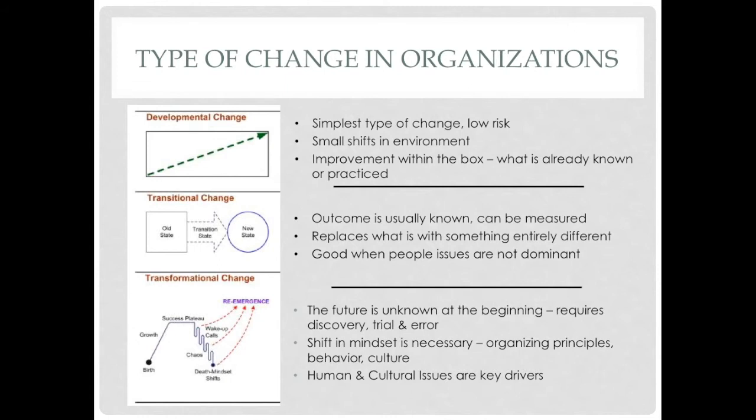If you look at the schematic on the left of the screen, you can see in any organization you have the birth and an immediate growth phase of an organization, followed by a success plateau. And at that point in the lifespan of organizations, you experience certain forms of chaos that either cause you to re-emerge, and these serve as wake-up calls along the way, or you spiral towards organizational death.